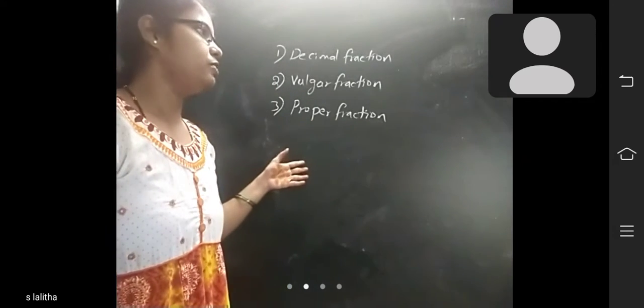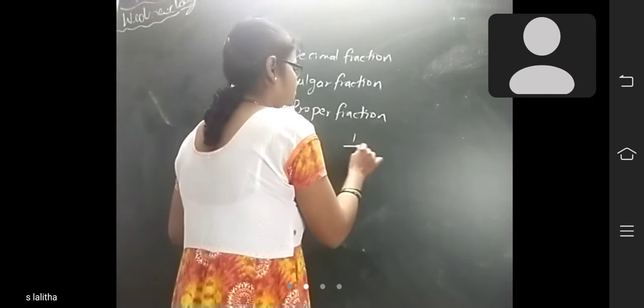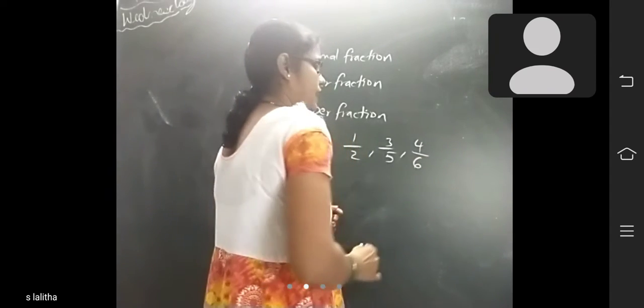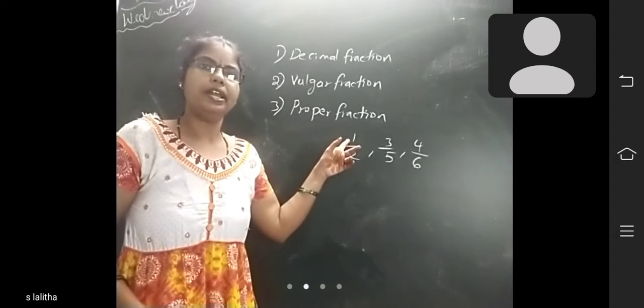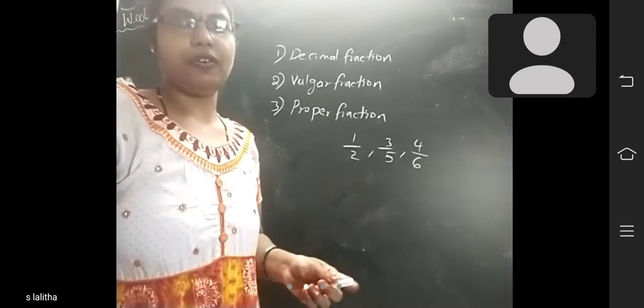And a proper fraction is always less than 1. That means 1 by 2, 3 by 5, 4 by 6 like that. See here, the numerator is always less than the denominator. Those fractions are called proper fractions.